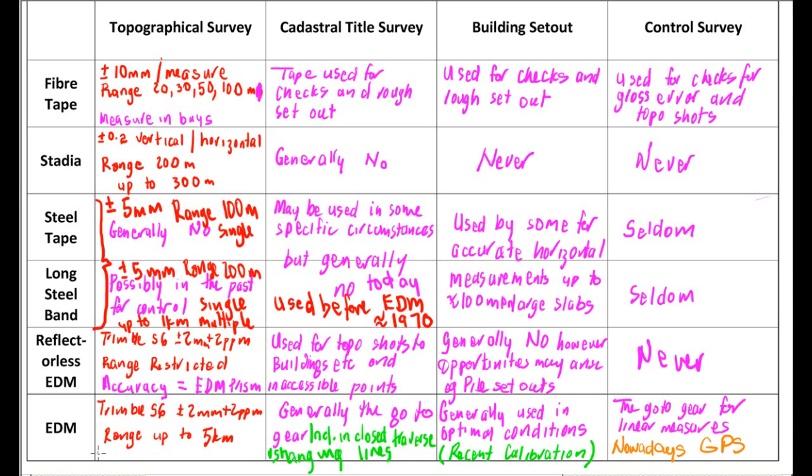Now EDM, the Trimble S6, plus or minus 2 millimeters plus 2 parts per million, range up to 5 kilometers. As I've explained, there is a fine and a coarse mode. I just might add that in there at this point, a note to that effect: fine / coarse.